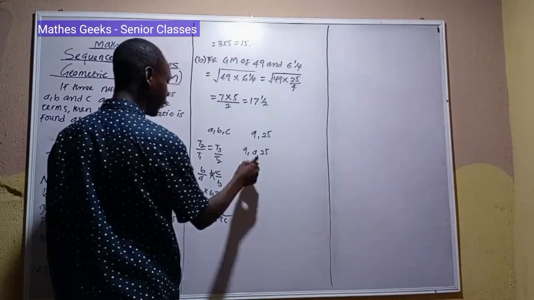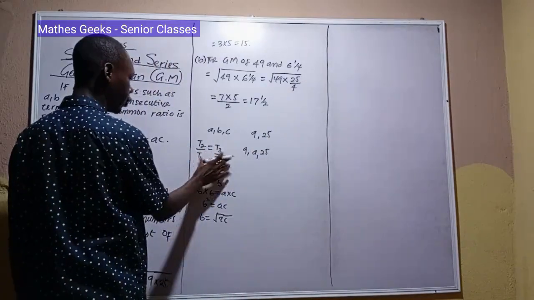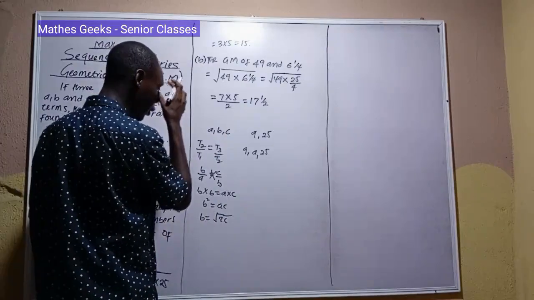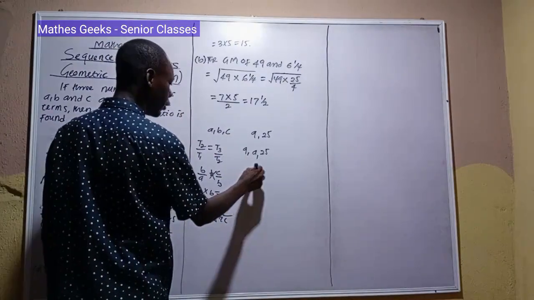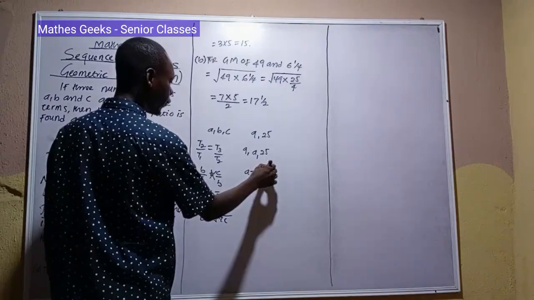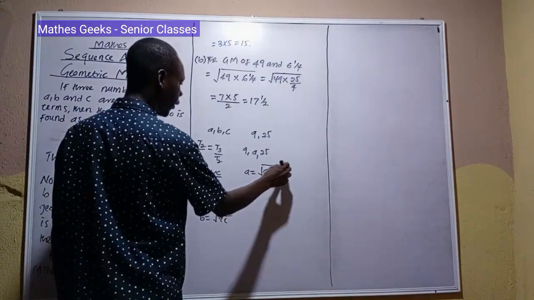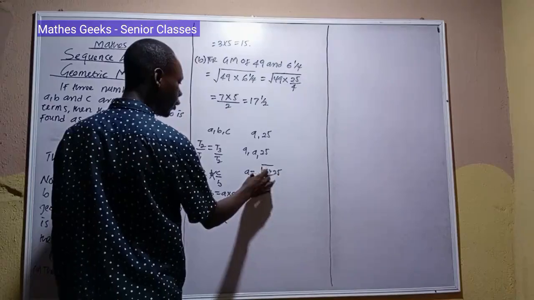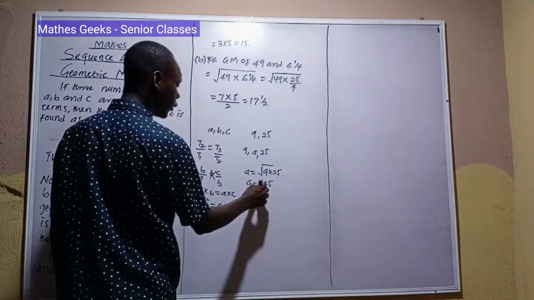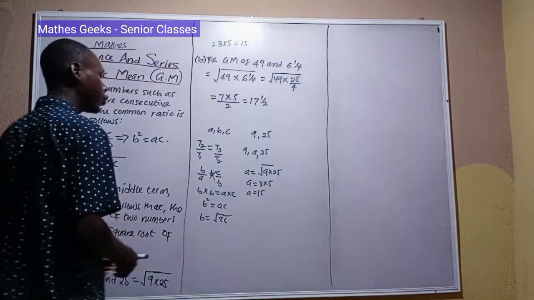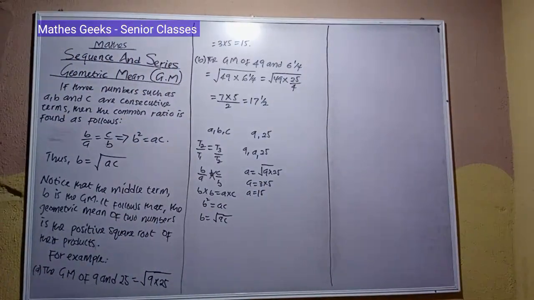Following this calculation, the geometric mean will be the square root of the product of 9 and 25. So A is the square root of 9 times 25. The square root of 9 is 3, the square root of 25 is 5, and A is equal to 15. So the geometric mean of two numbers is the positive square root of their product.